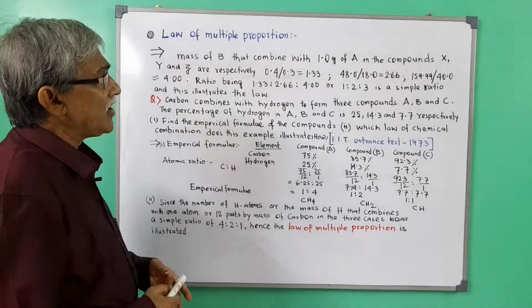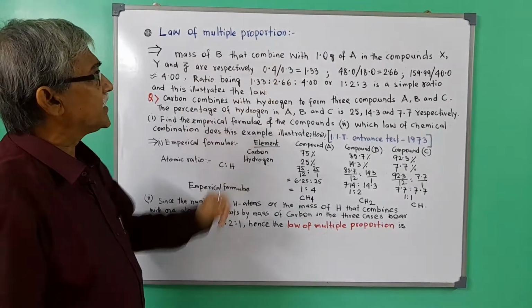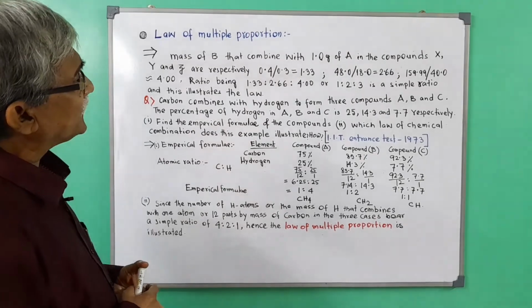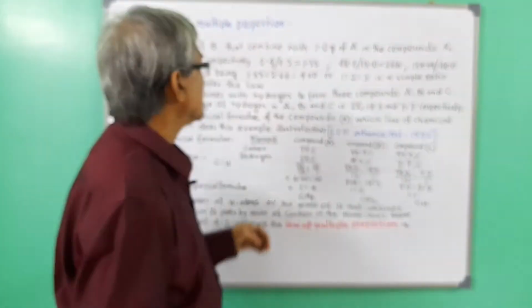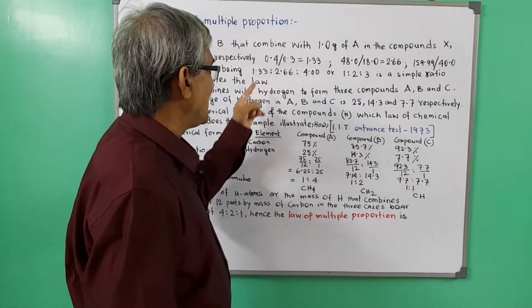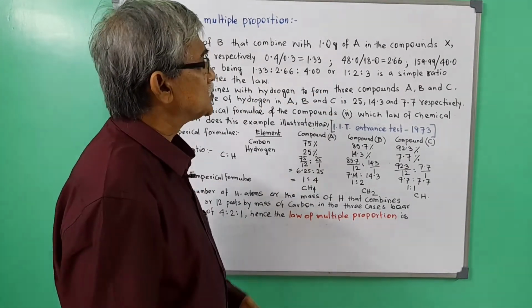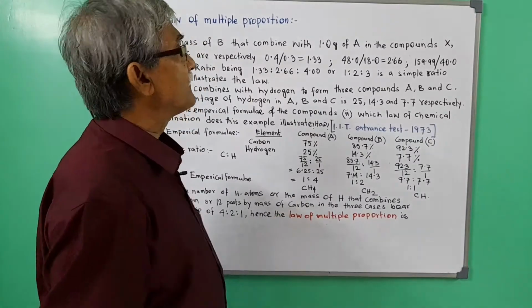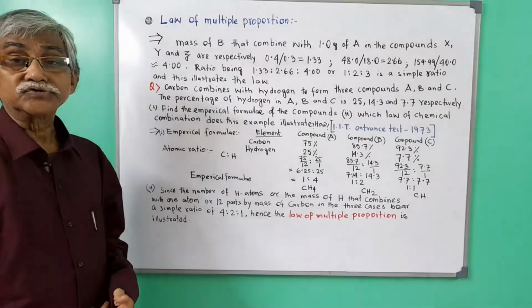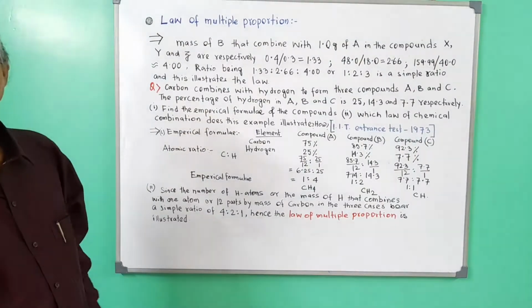So the ratio is 1.33 : 2.66 : 4.00. You divide all by the minimum number 1.33, and that comes down to 1:2:3, which is a simple ratio. And this illustrates the law.